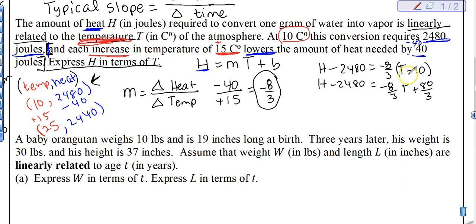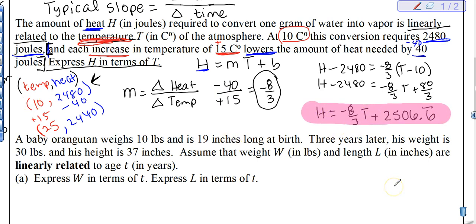No, it's x minus x sub 1. So x minus 10. Okay, and then I'm going to move that over there, and I'm just going to give you the answer. H is equal to negative 8/3 t plus 2,506.6 repeating. And that, my friends, is h expressed in terms of t.